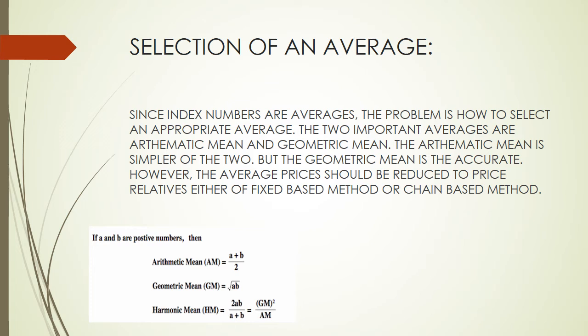When we go on constructing an index number, or when we go on using the formulas and solving problems, we will get to know the fixed base method and also the chain base method. And also we have a harmonic mean, that is also a type of average, but it is used by statistics students who are learning this in detail, but not in economics.